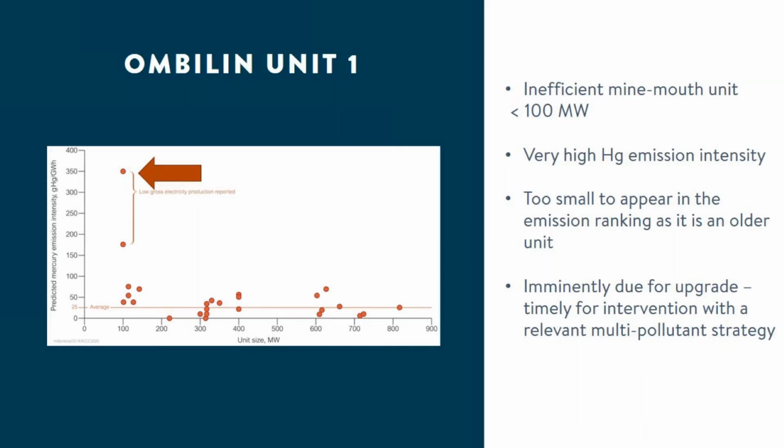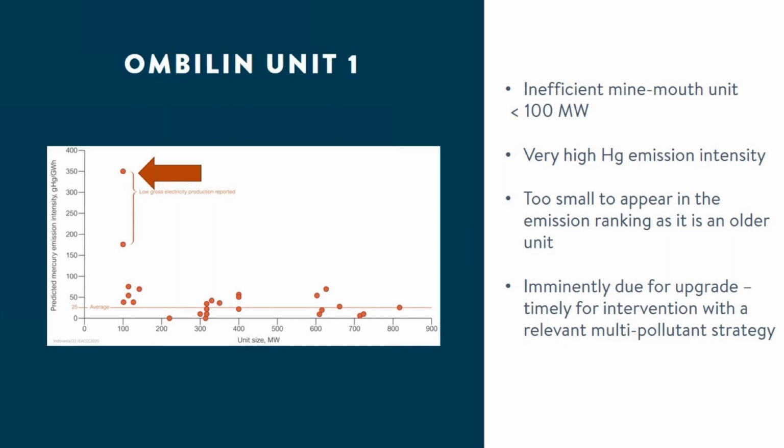And finally, Embilin unit number 1. It's smaller, and the arrow points to the smaller units. I don't remember which one is Embilin here, but this is an older mine mouth unit that is smaller than 100 megawatt.